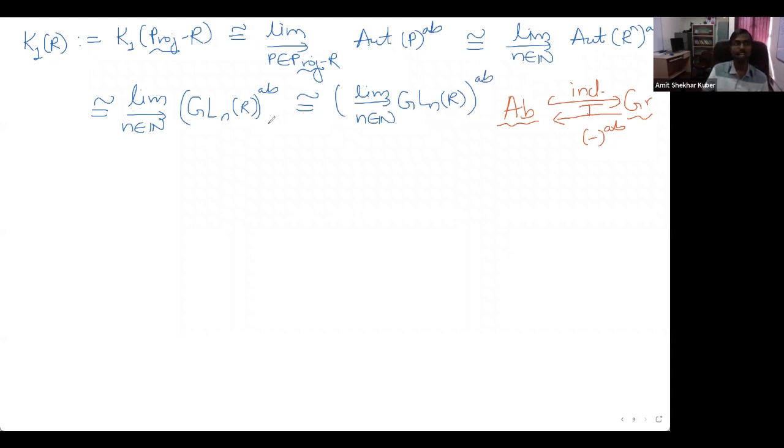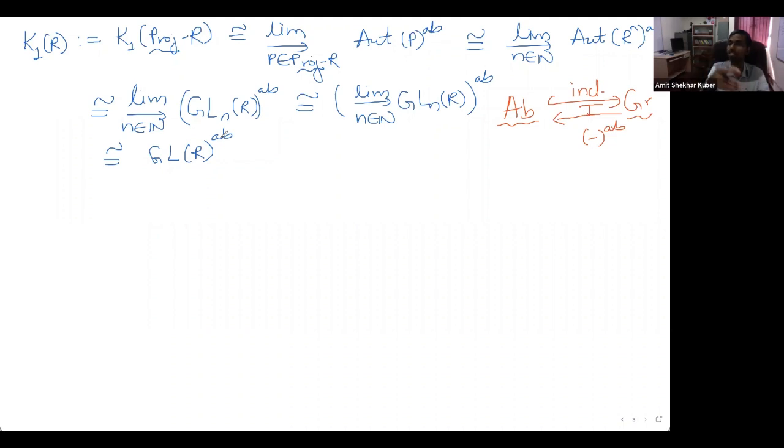Okay. Now, can you identify this group? We gave it a name last time. We called it GL(R), the infinitary general linear group, and then take its abelianization. So we have a very simple definition, a very simple presentation of K1 of R. It is the abelianization of the infinitary general linear group.